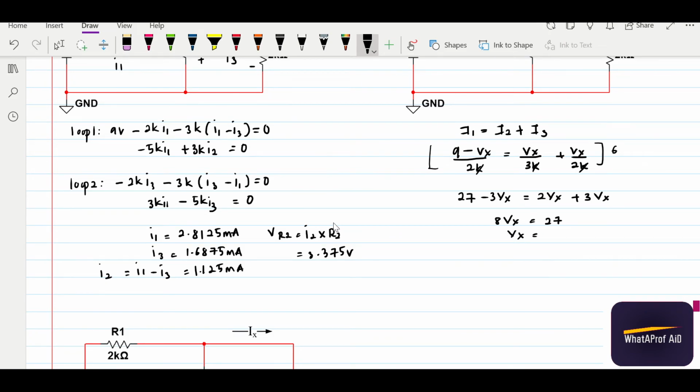Vx should be the same as VR2. If we didn't get that, then we might have made some mistake here. So Vx gets 3.375. Why is Vx the same as VR2?